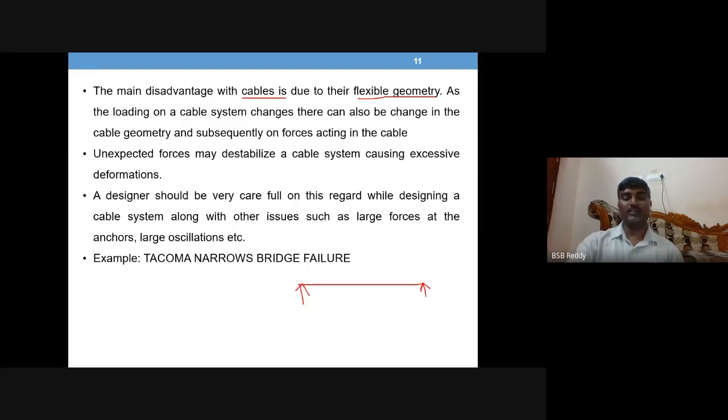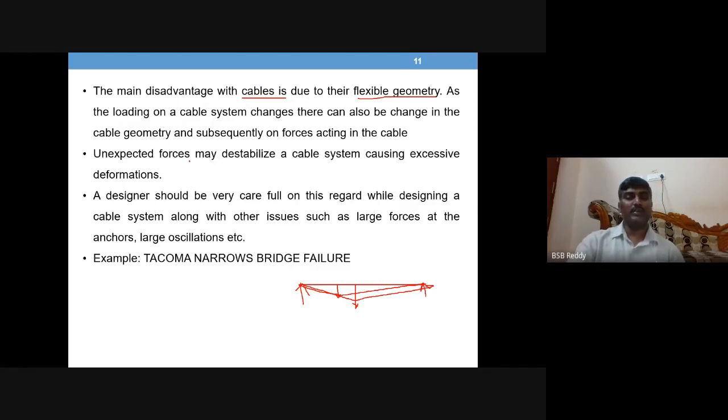If I put a load here, the cable is going to have a shape like this. If I move the load to this position, the cable is going to take this shape. So the geometry is not fixed. It depends on where the load is. That's a problem. That's a disadvantage.